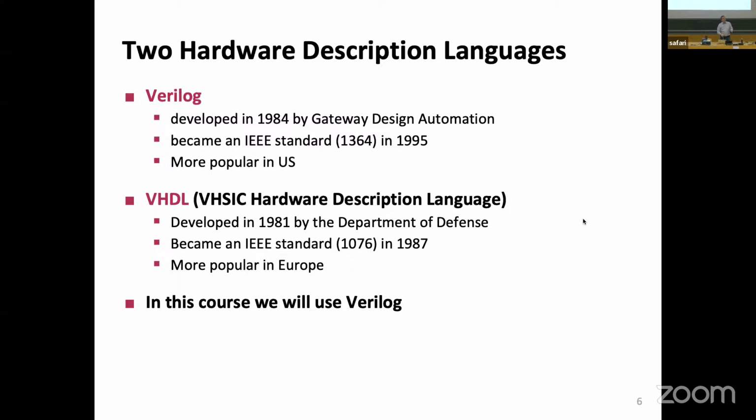Actually, for teaching purposes, VHDL is a bit friendlier because VHDL is a bit more formal. It requires you to write more so that making errors is more difficult. Verilog is the lazy person's language. Who is lazy here? Okay, the language is for you.